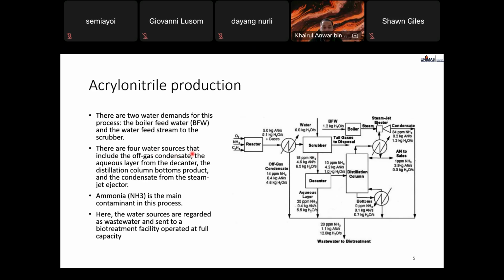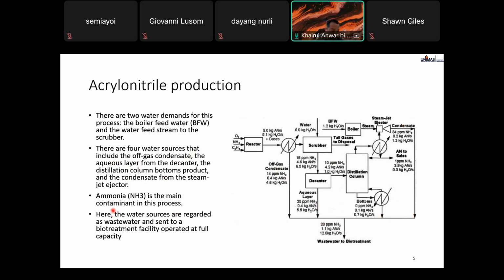There are sources that include the obvious condensate here, 1, 2, 3, 4. Okay. The aqueous layer from the decanter, distillation bottom, and the steam jet ejector gas condensate are here. So all of this water source goes straight to the wastewater treatment.